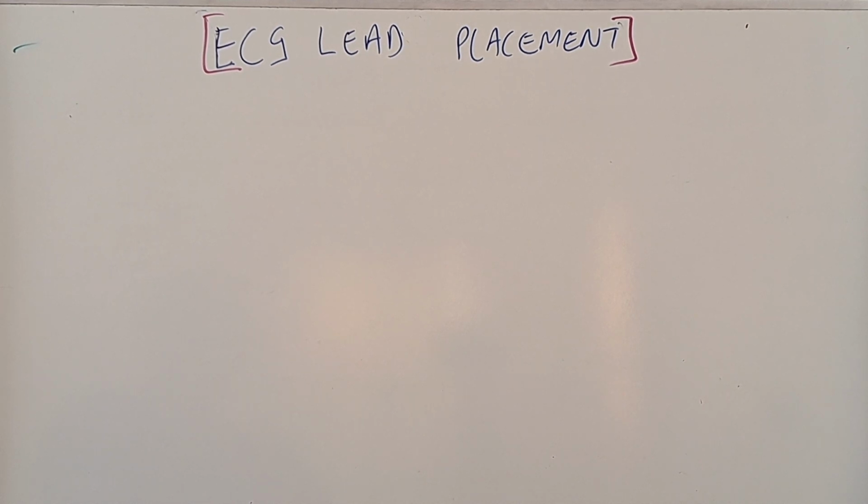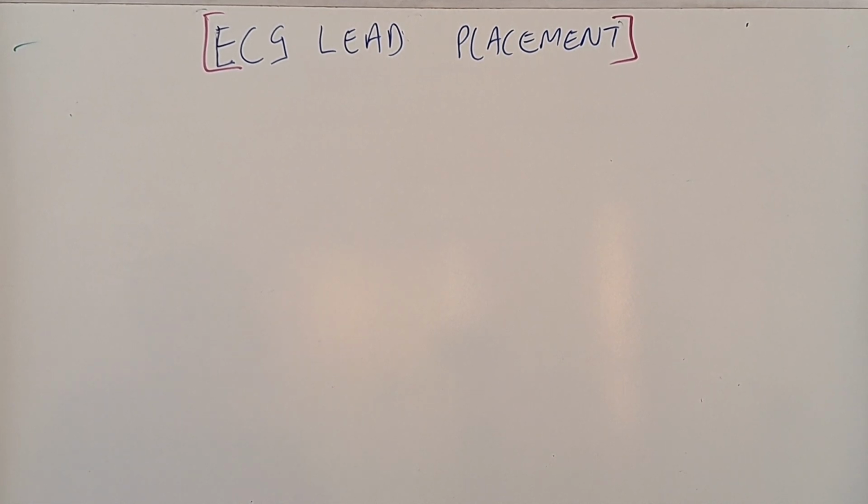So for me, I think that this is where the understanding of ECG actually begins, right? In this video, we're going to talk about why, although we always place 10 electrodes, they always call it a 12-lead ECG. Why is it a 12-lead ECG?